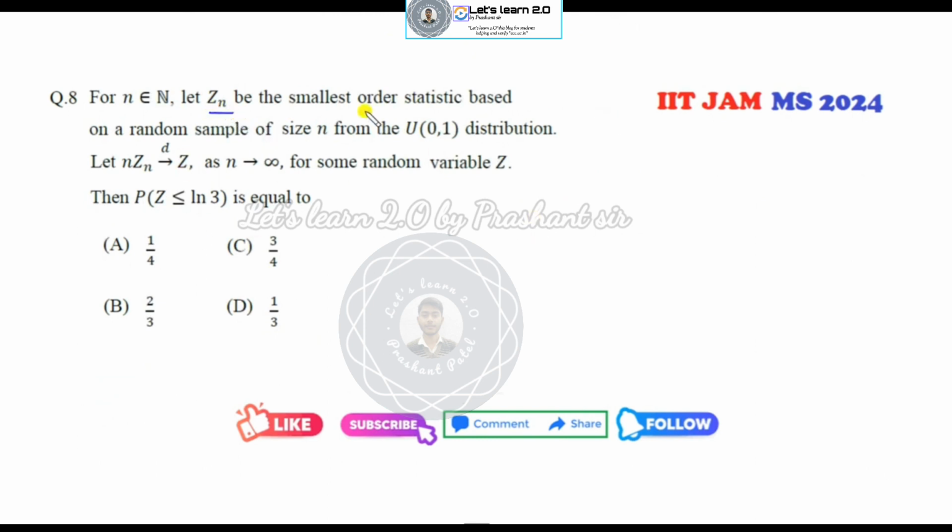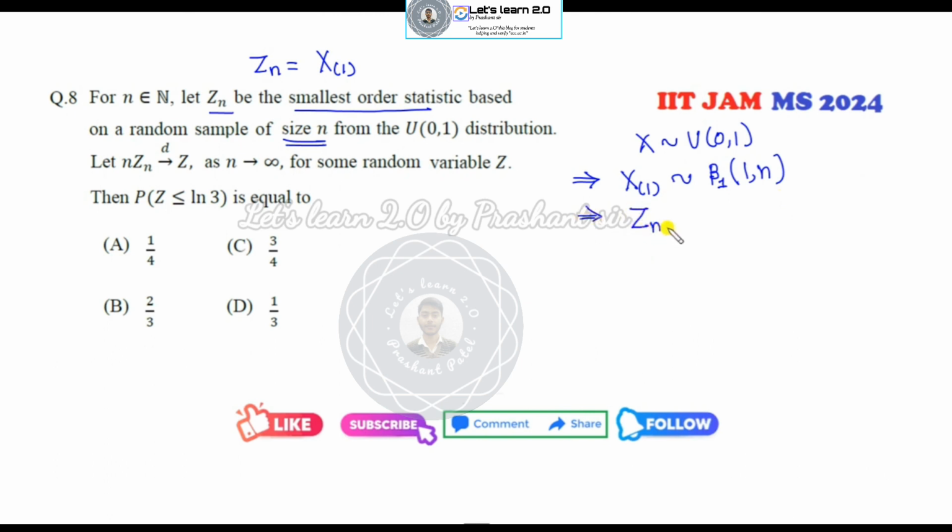Look at this another one. Zn is the smallest order statistic of size n when x follows the uniform distribution. Then what is the smallest order? It follows the beta distribution with parameters 1 comma n.